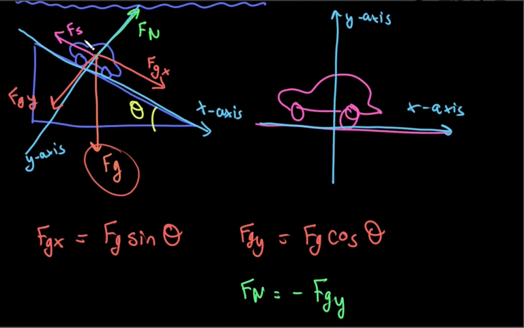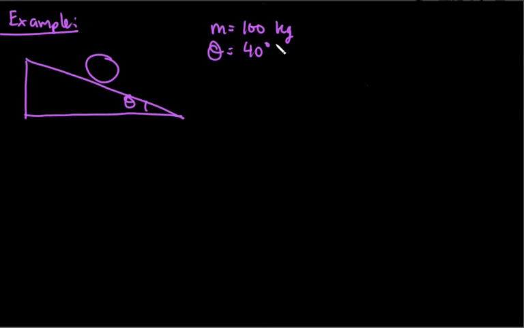Now, when I go to find my friction force, I know that it is equal and opposite to my FGX, which is the force pulling the car down. So friction force is equal to the negative of FGX. So these ones right here are for equilibrium problems.